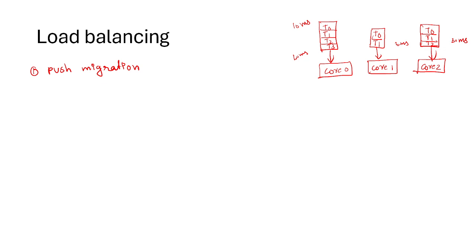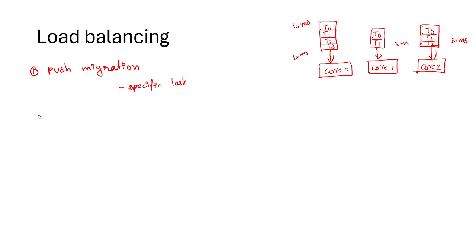If it finds imbalance, it pushes the task from the highly loaded core to the lightly loaded core. That is called migration.